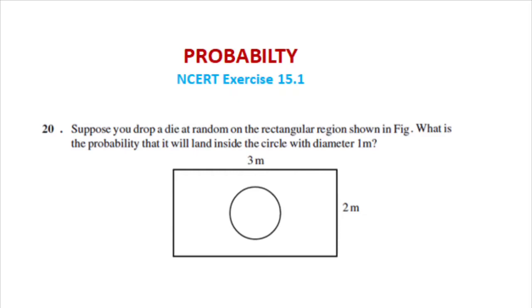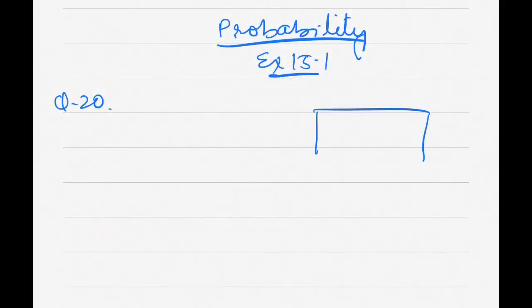Now we are coming to question number 20. In this a diagram is given to you. There is a rectangle and a circle. The length is 3 meters, the width is 2 meters, and the diameter of the circle is 1 meter.